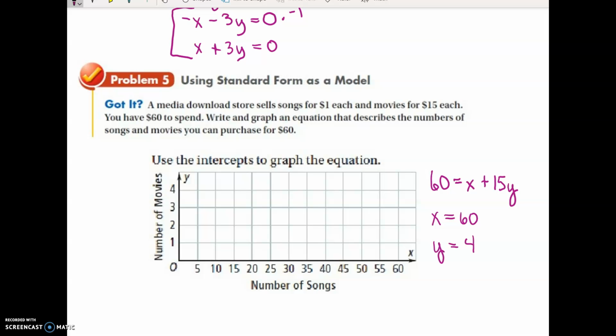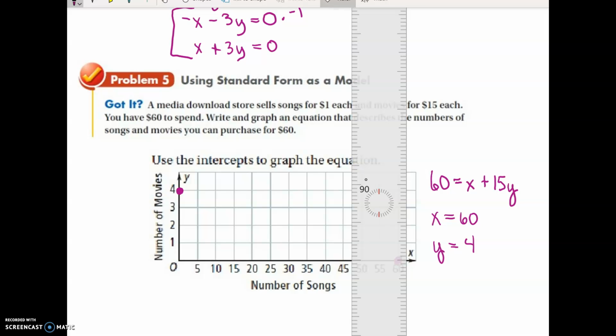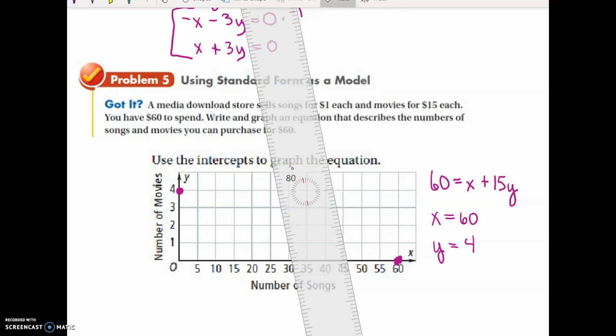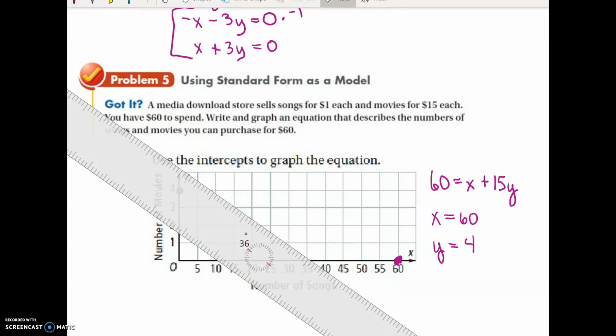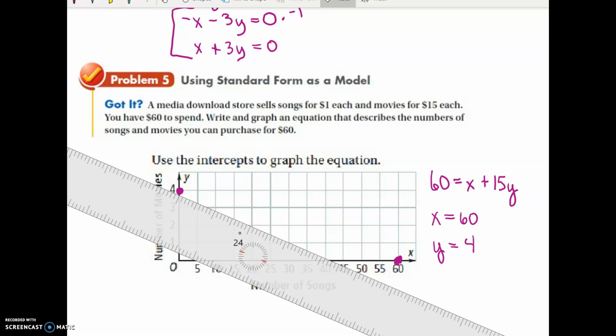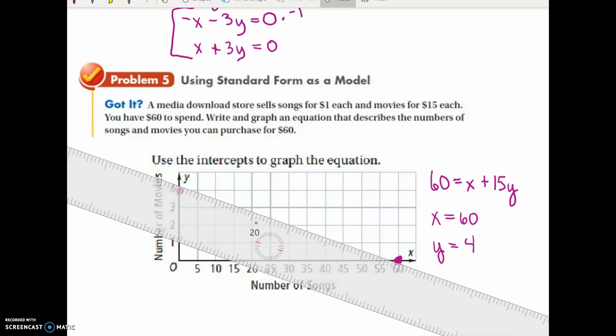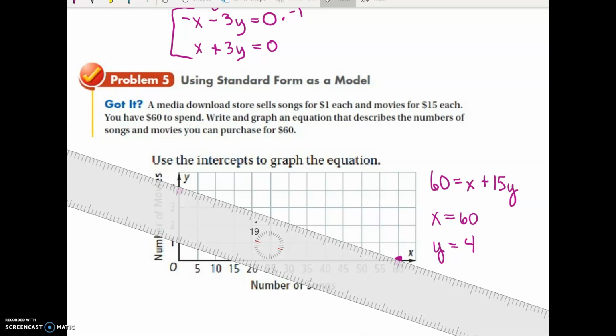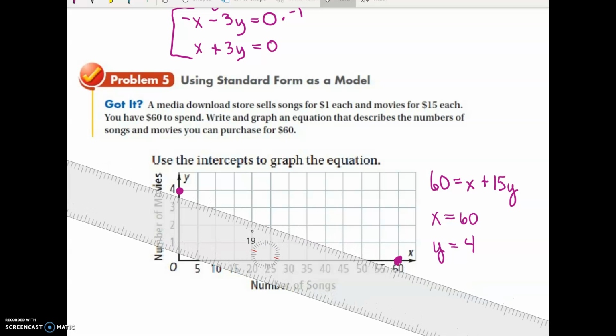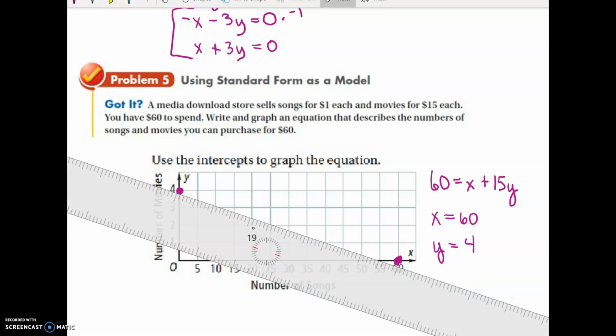So on the x-axis, I'm going to go over to 60. And on the y-axis, up to 4. So any combination then on that line would show that relationship, but here's the issue. Think about this problem. We talked about when problems are discrete or continuous.